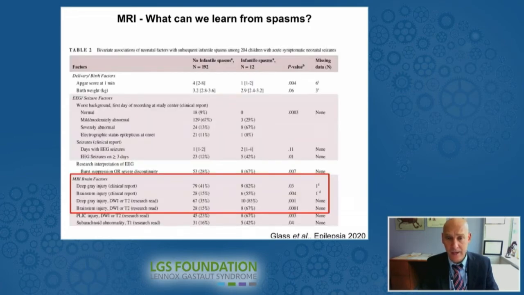And here is the study that Zach Greenspan was involved in from the neonatal seizure registry. They also reported in Epilepsia that a brainstem injury or deep brain injury in particular was strongly involved with subsequent development of spasms.